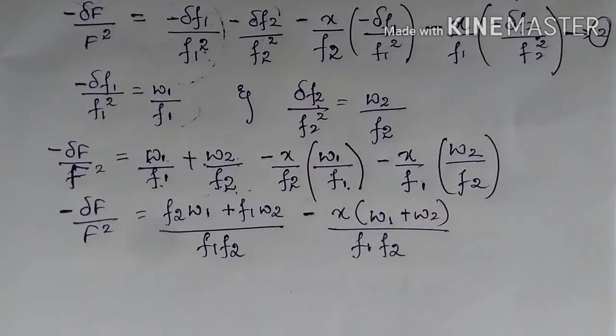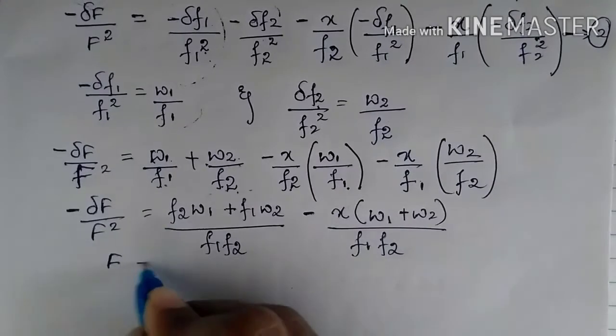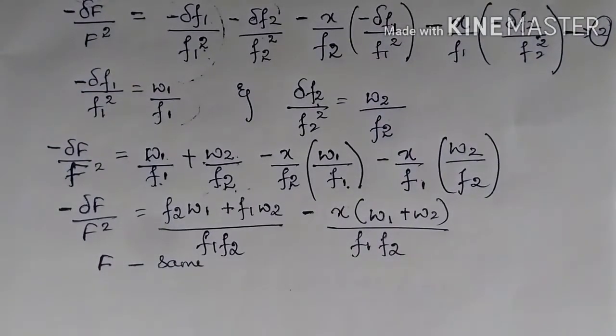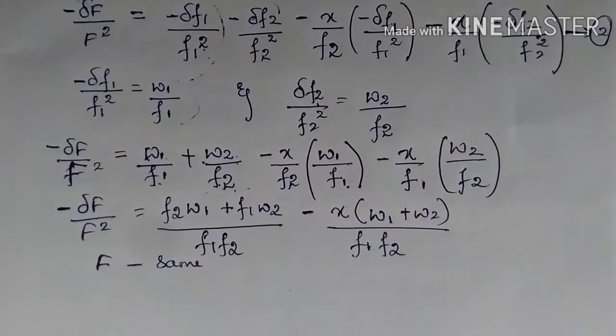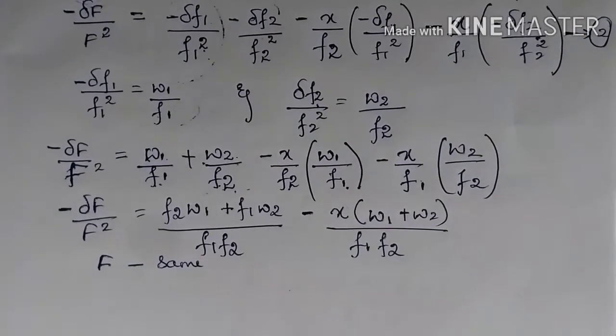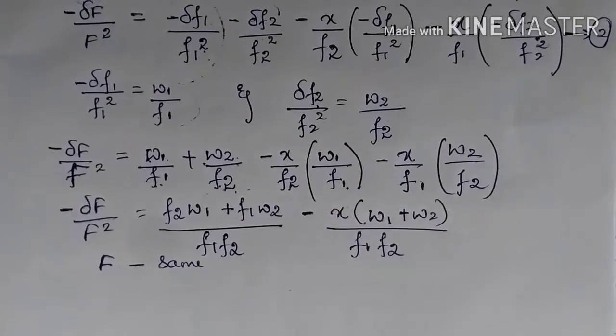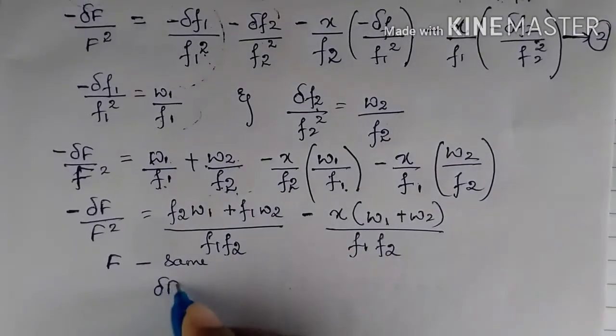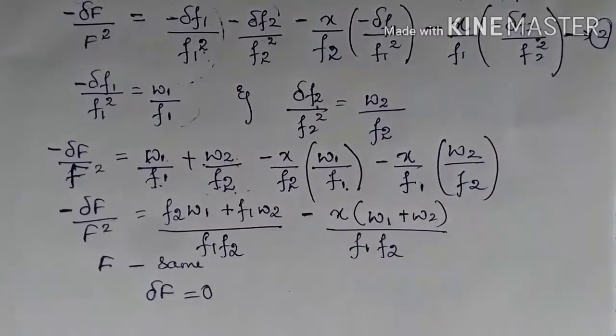So for an achromatic combination, f should be the same for violet and red color. If it is the same, then only we can eliminate the chromatic aberration. So for an achromatic combination, f should be the same for violet and red rays. That is, the change in f is equal to 0.